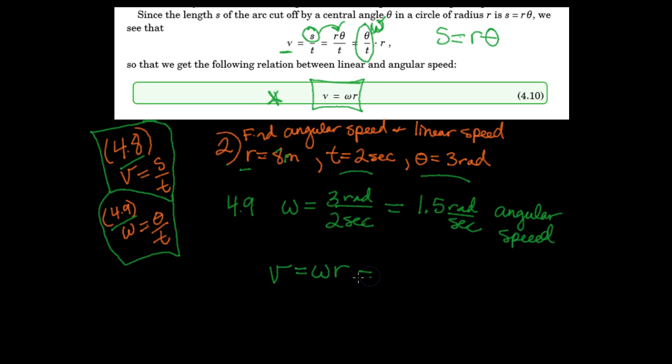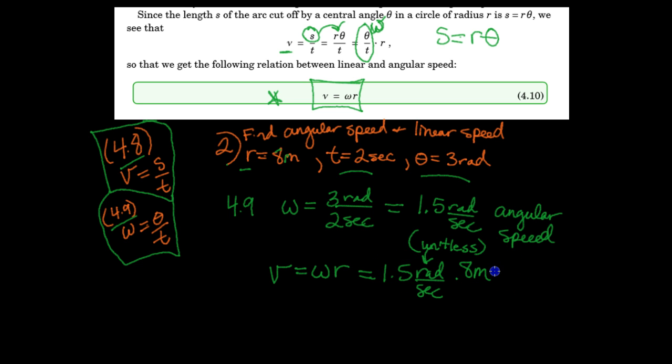Okay, and then to find linear speed, we know then that linear speed is equal to omega times the radius. So we have 1.5 radians per second times the radius, which is equal to 8 meters. Now radians, I don't know if you remember me saying this, but radians are basically unitless. That's another reason why they're such a nice unit of measure to use for angles.